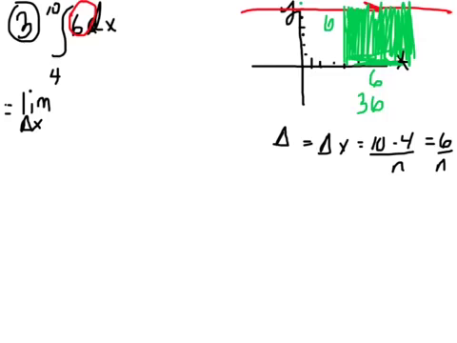They can be of unequal width, and they gave you some examples, though they're not going to give you any problems to do like that. So they just say that the norm is the width of the largest rectangle that we might make if we drew a bunch of rectangles here. So if you're looking on page 274 at their notation, the norm approaches 0, and that's the same thing as letting the limit of n go to infinity.